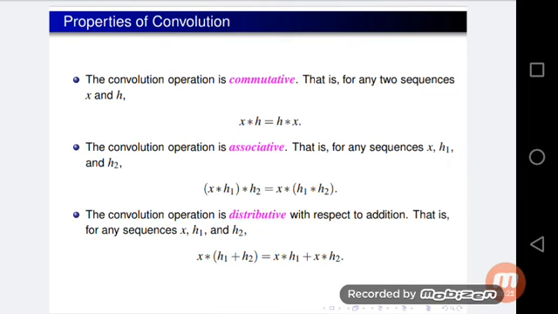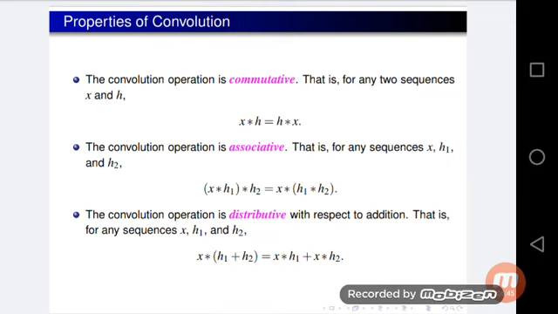That means we are interchanging the equation using the commutative, associative or distributive properties. Here distributive is also observed: x into h1 plus h2 equals x into h1 plus x into h2.